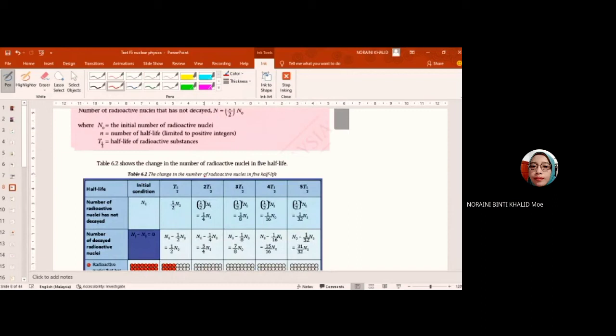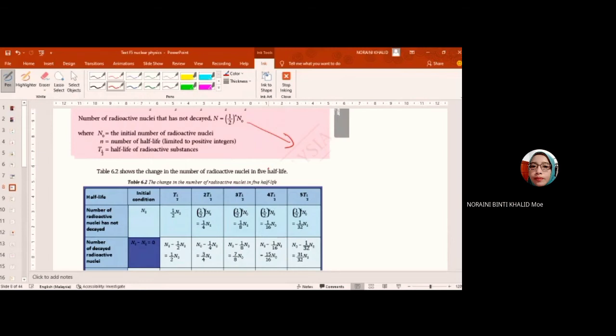If we look carefully at how we get this formula, okay?